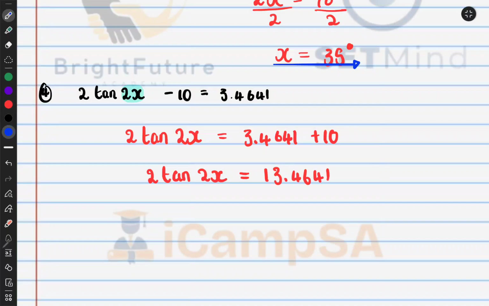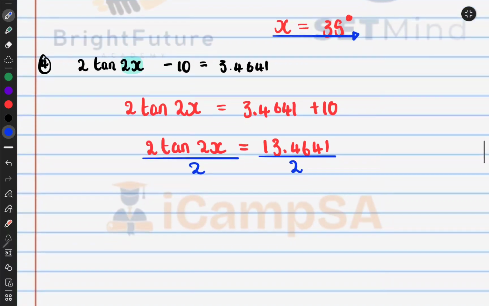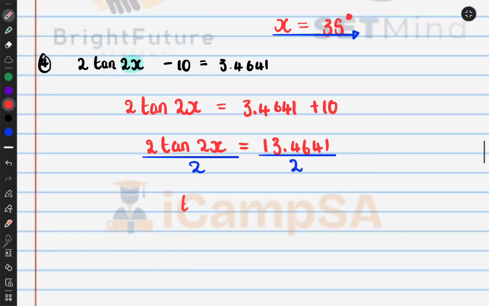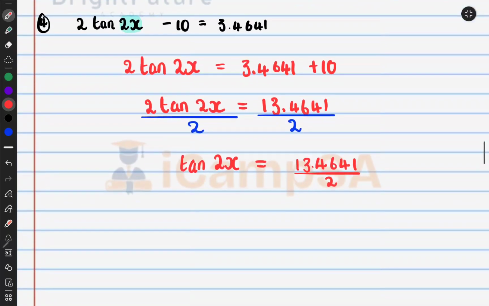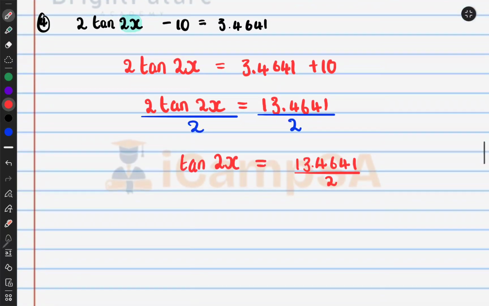And then next is to isolate tan 2x. We divide by 2 on both sides. Therefore tan 2x is equal to 13.4641 over 2.